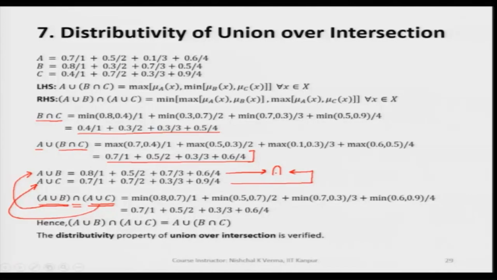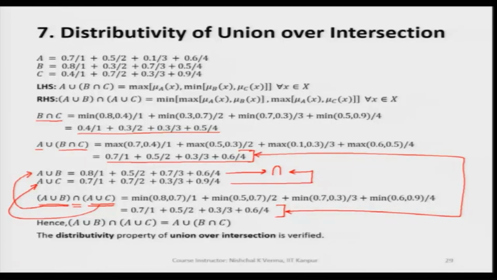So, if we take this intersection, we are going to get a discrete fuzzy set again as the outcome, and this is 0.7/1 plus 0.5/2 plus 0.3/3 plus 0.6/4, which is same as this fuzzy set.